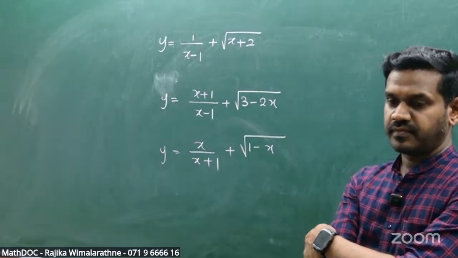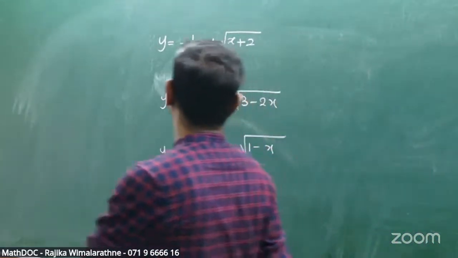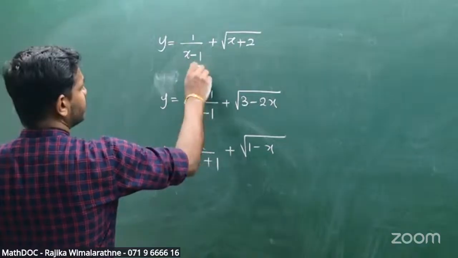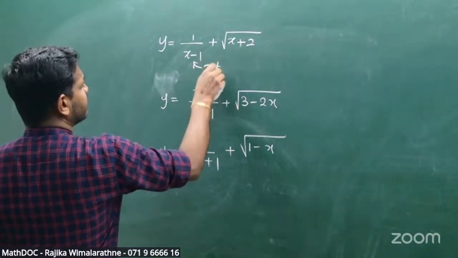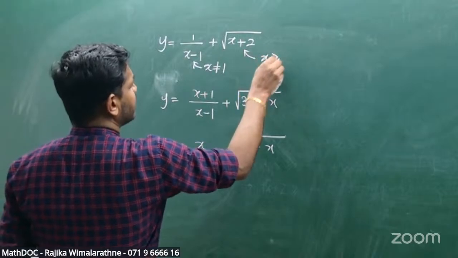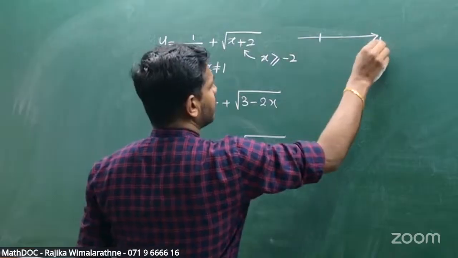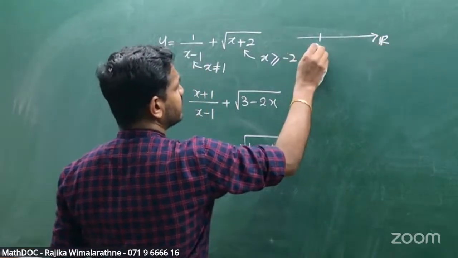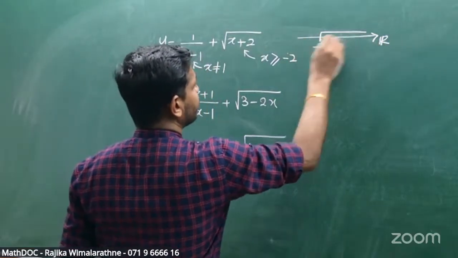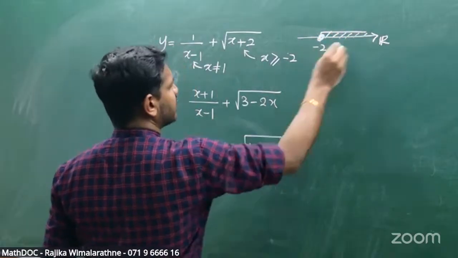Okay. Now let's see. Here you remove the denominator zero. And here the x value is greater than or equal to minus 2. Let's see that on a number line. Here, values greater than minus 2, and here not equal to 1.